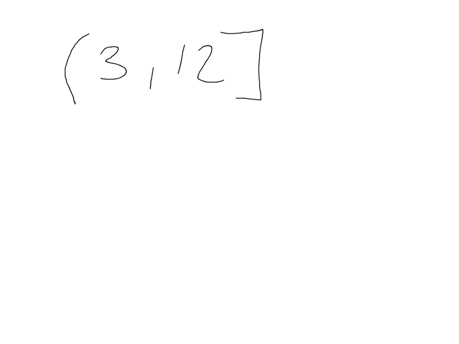So what does that mean to us in the math class? In the math class, it means the number range starts from 3, but is not including 3, and it ends at 12, but it is including 12, right?